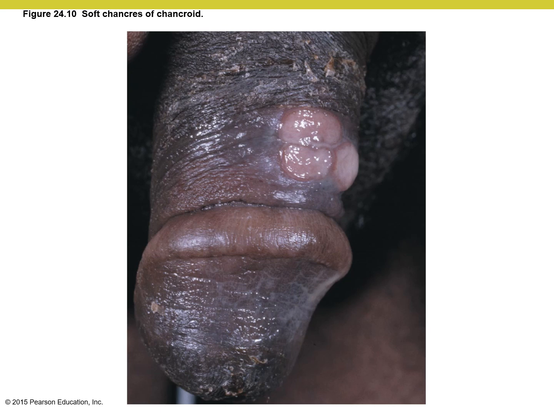And here we have a soft chancre of chancroid. So what do chancres have in common with primary syphilis lesions? What I mentioned earlier, both chancres and syphilis lesions are located on genitalia and are manifestations of STDs. However, the chancres are soft and painful, and the syphilis lesions are hard and painless.